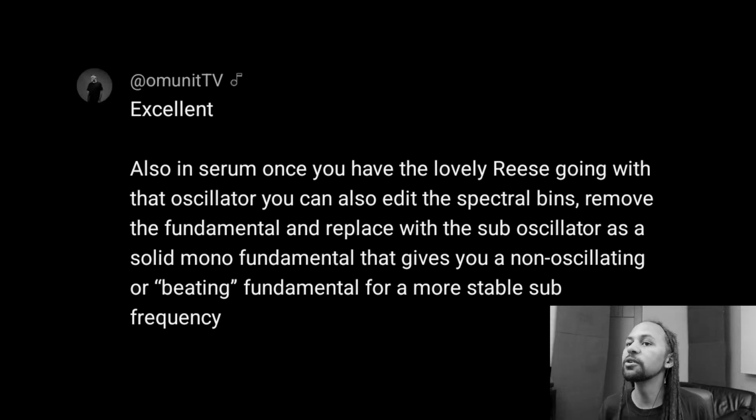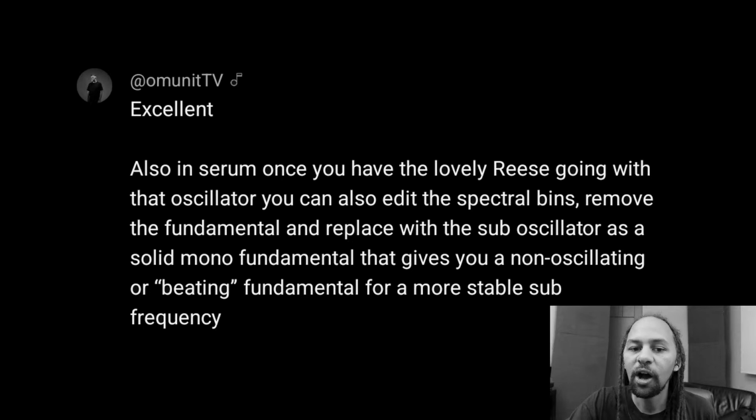Right, also in Serum, once you have that lovely Reese going with the oscillator, you can also edit the spectral bins, remove the fundamental, and replace it with the sub-oscillator as the solid mono fundamental that gives you a non-oscillating or beating fundamental from a more stable sub-frequency. That comes from Unit. Wicked. Yeah, that is true.